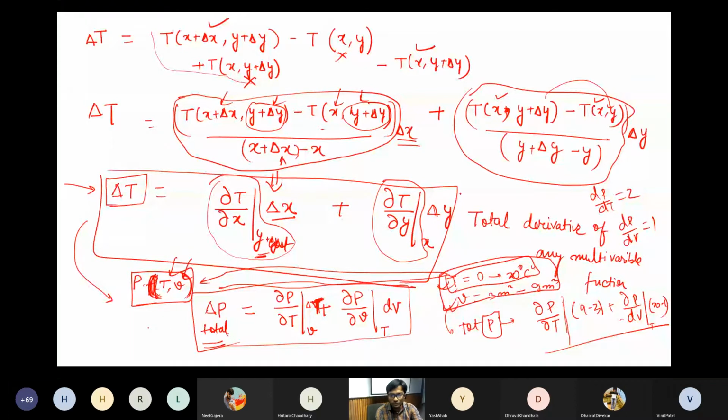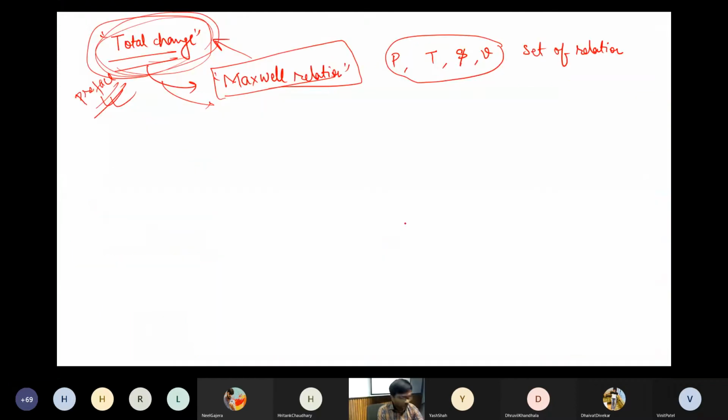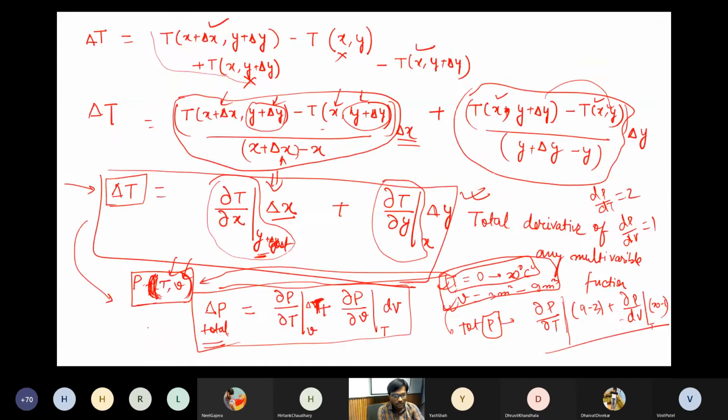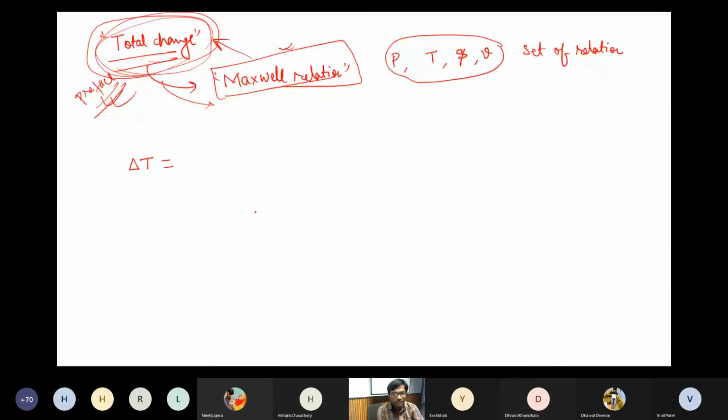Okay, this is a very useful expression that we are going to take up in order to derive the Maxwell relations. Before that, I also want to tell you one more property of this particular partial differential, an important property which will be useful to derive that expression.